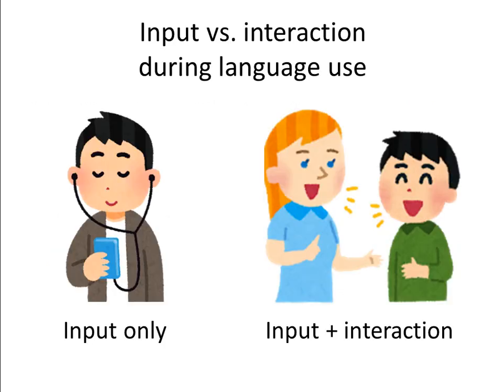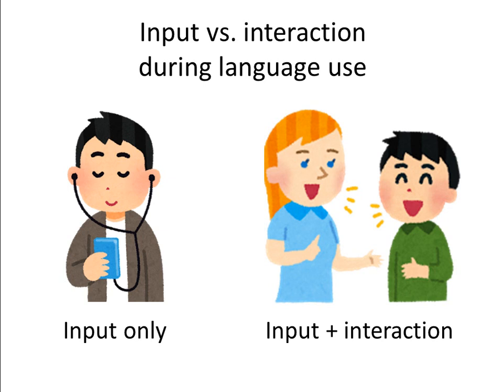So what does interaction mean during language use? Interaction is closely related to the word input. I think you are listening to me on YouTube and you are having input, but actually there is no interaction involved in that because I'm not with you.